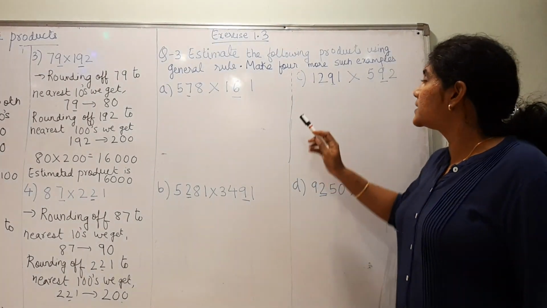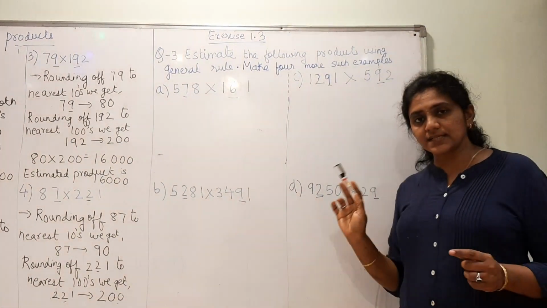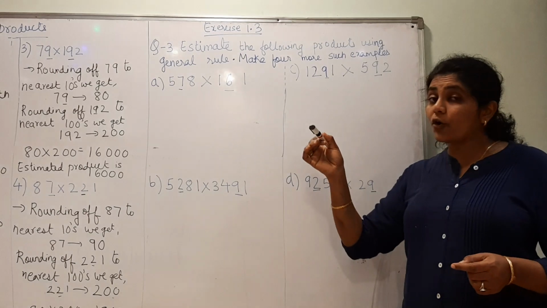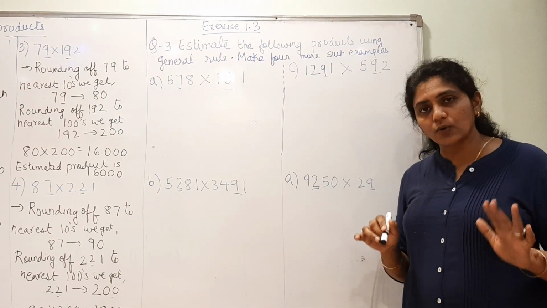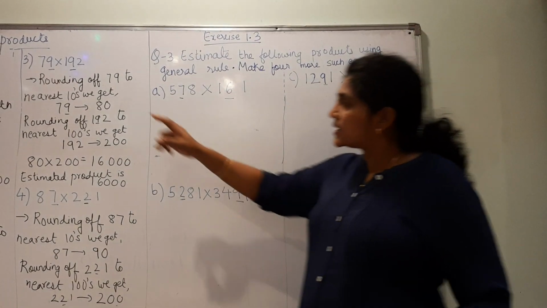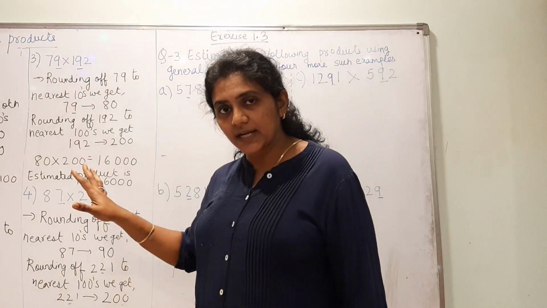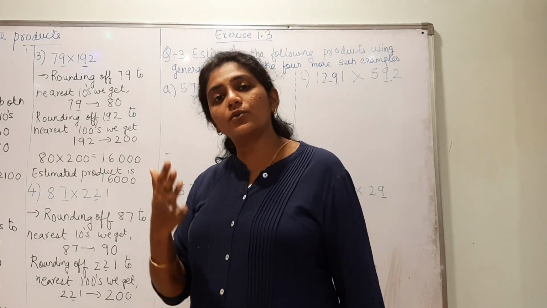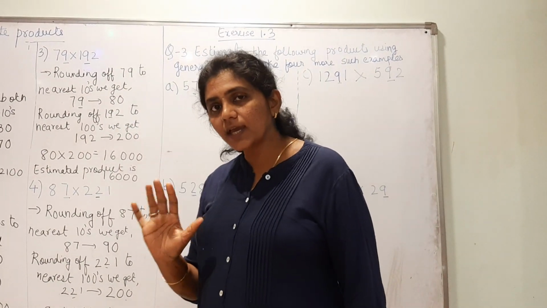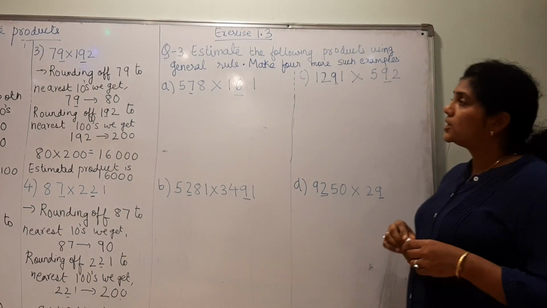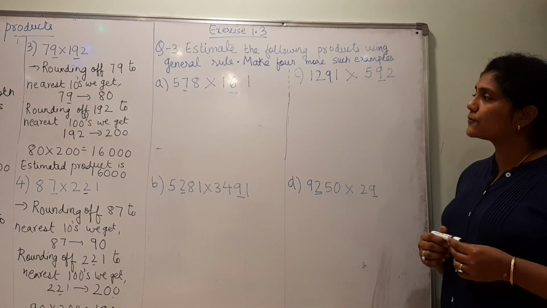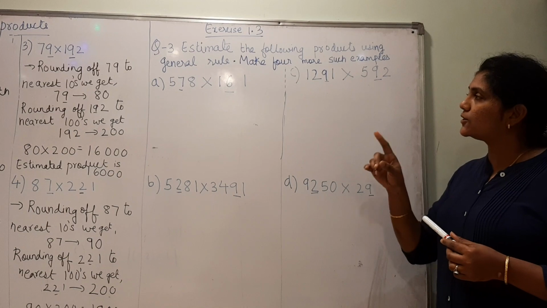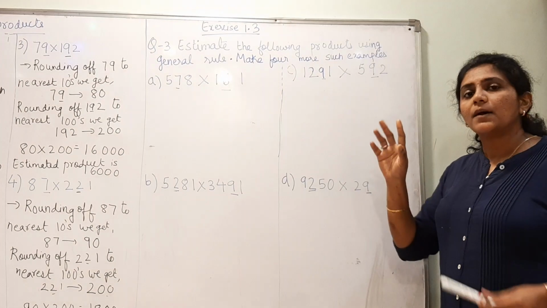It is written, make 4 more such examples, which means show 4 examples like that only. So these examples I have explained, this only you have to write. Now first is A, 578 into 161.